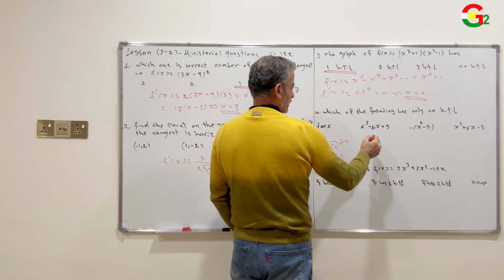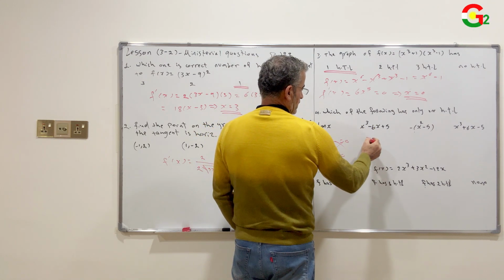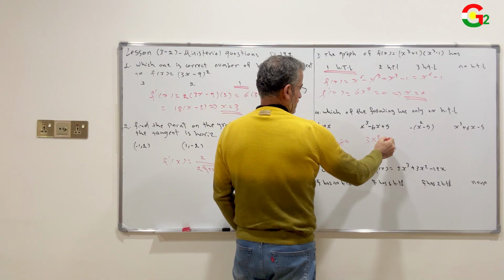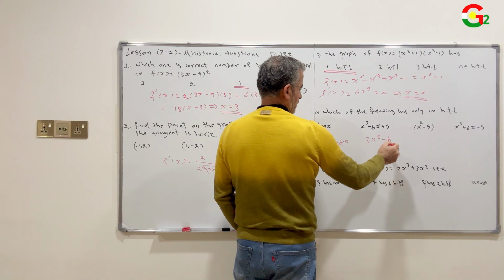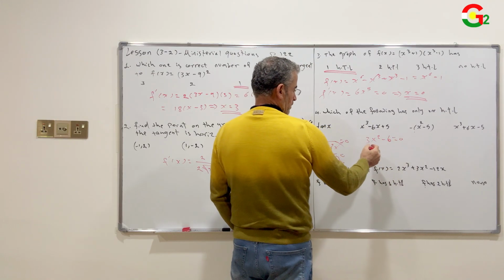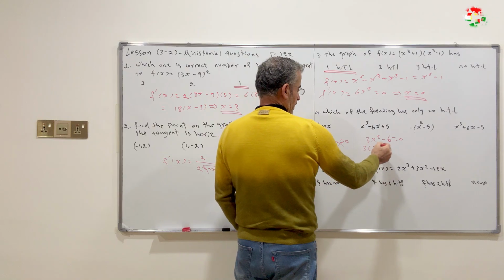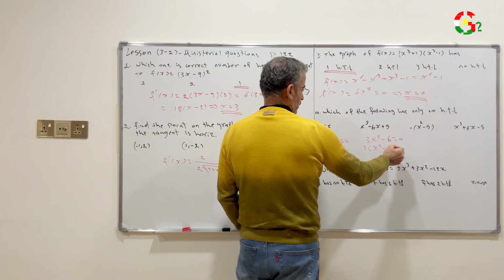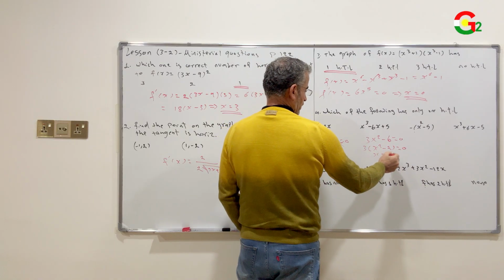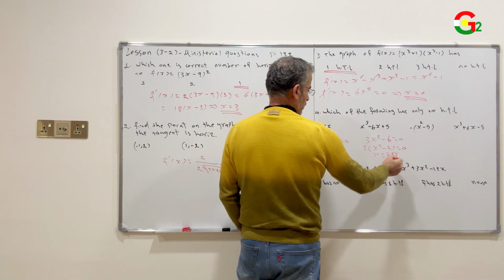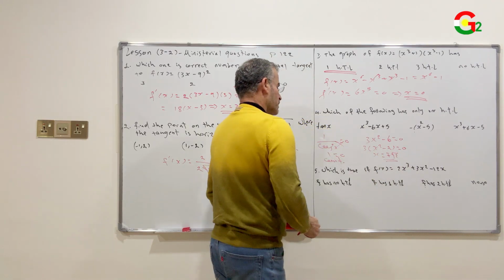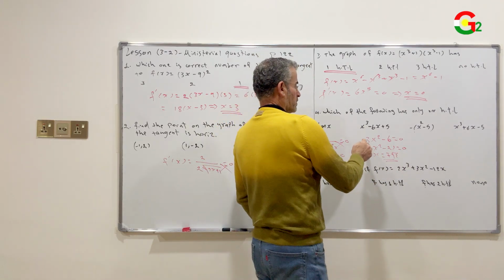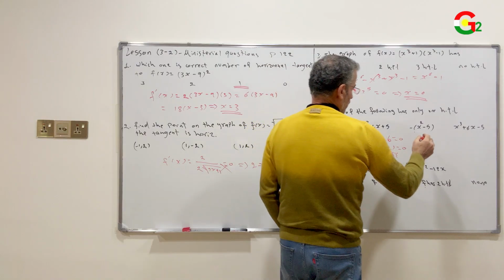For the second function, the derivative is 3x power 2 minus 6, set it to 0, factorized by 3, x power 2 minus 2 equals 0, x equals plus or minus square root of 2. There are 2 horizontal tangent lines for this function.